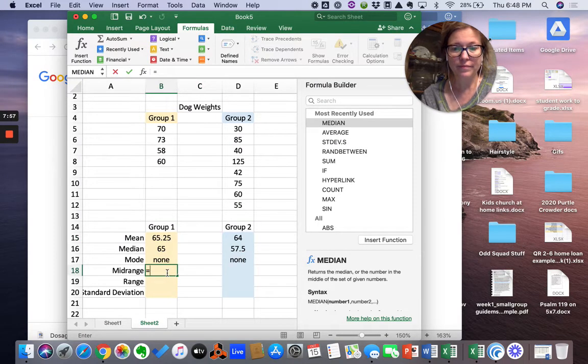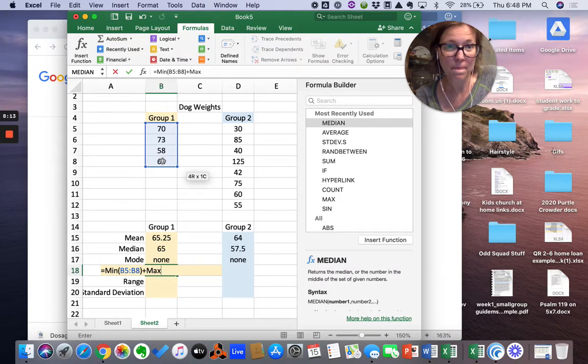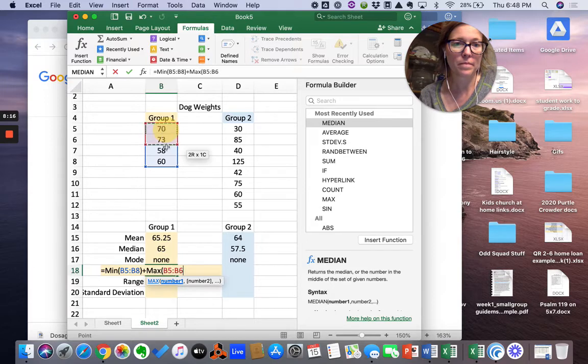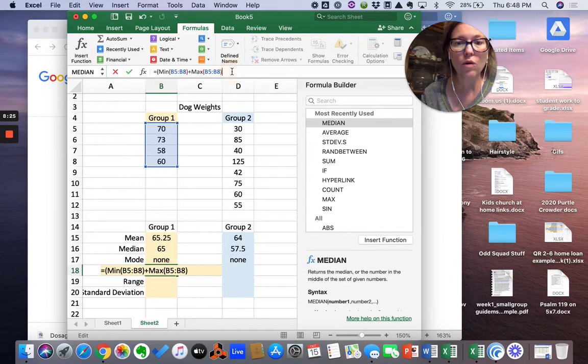Equals the smallest, which is the minimum, plus the biggest, the maximum. Choose those same numbers. And then I want to take what that is, put parentheses around the whole thing, divided by 2.